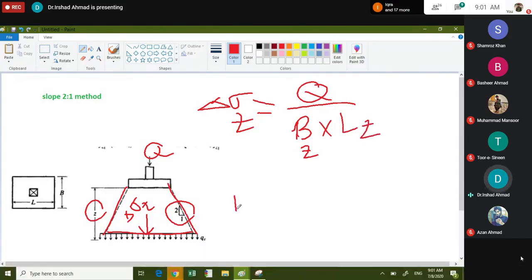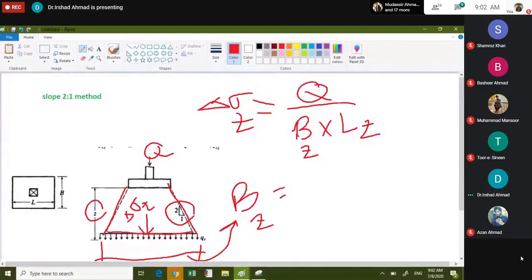So what is BZ? Can anybody tell me? BZ actually is this distance. So what is this equal to? Definitely this is the B, right? So this B is bigger.